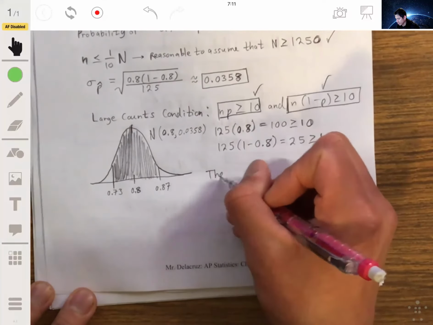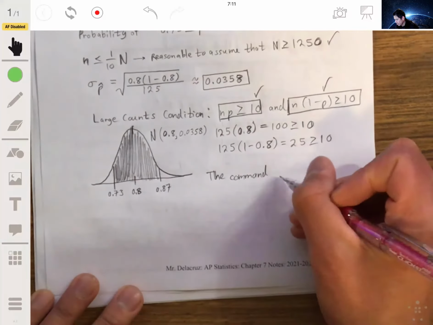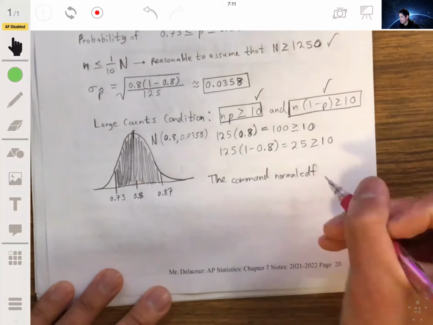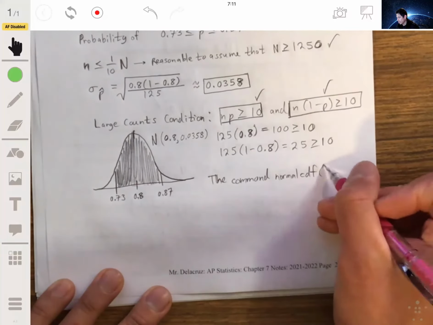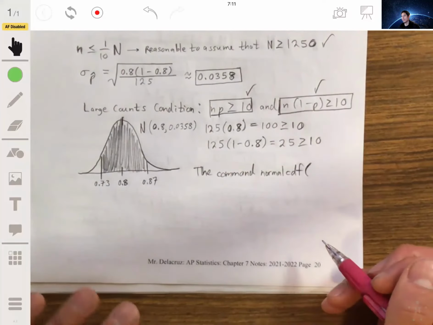And let's write that we use the command. On your AP test, it usually wants some work to show that you used a calculator.